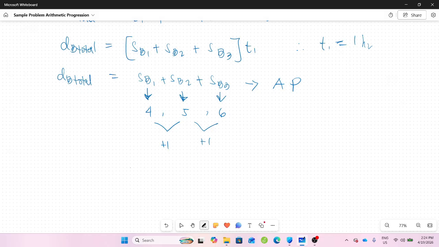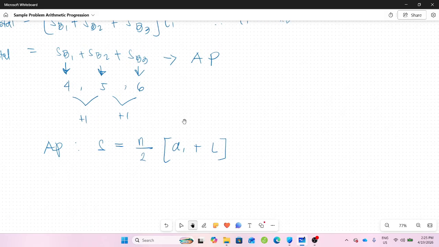And in arithmetic progression, to get the sum of each term, we are going to use the sum is the number of terms divided by 2, then get the first term plus the last term. Okay, we don't know yet the last term.